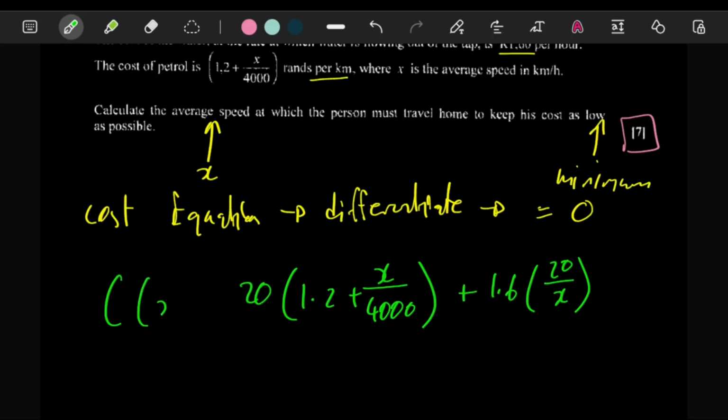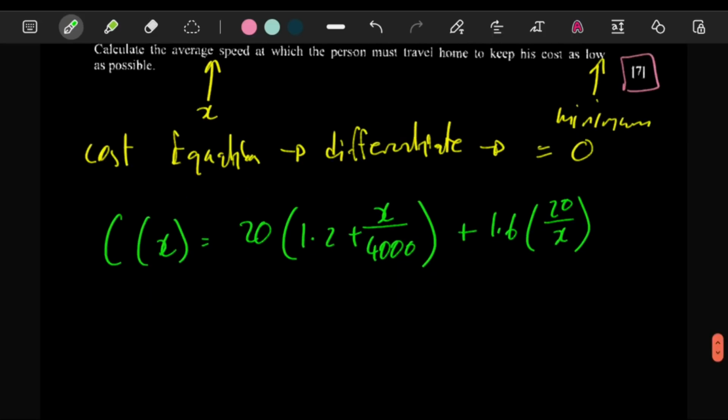This cost equation is in terms of x. Before we differentiate it and everything like that, let's just simplify it. If you multiply the 20 inside, let's see what you're going to get. 20 times 1.2 is 24.